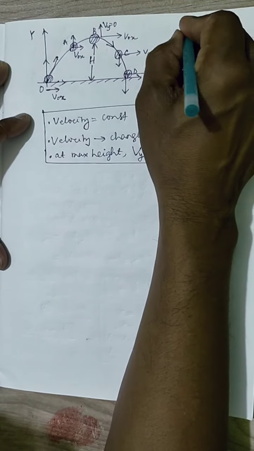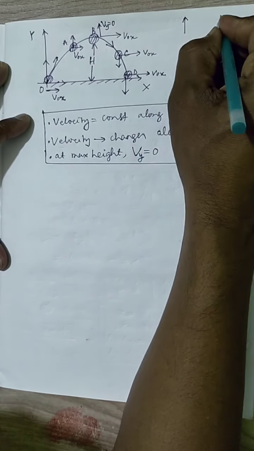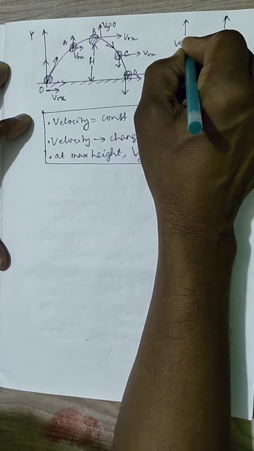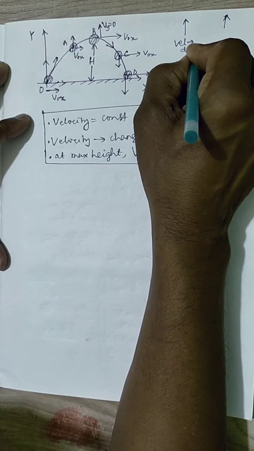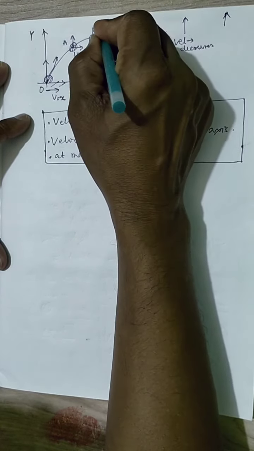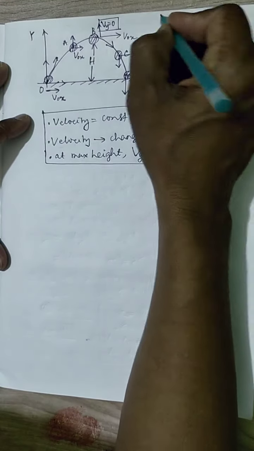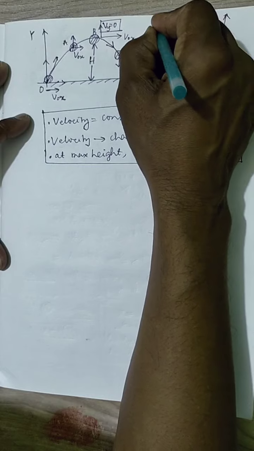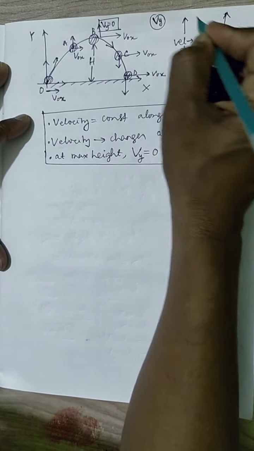Hence, during upward motion, velocity decreases and attains 0 at maximum height, that is the velocity along the vertical axis, Vy.